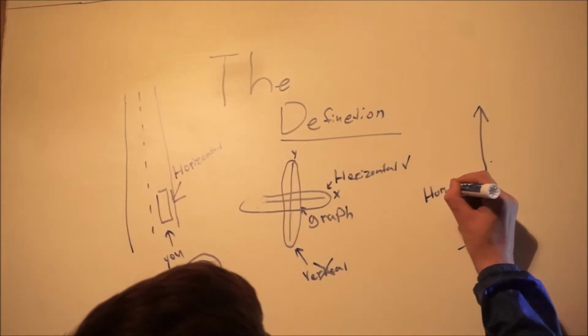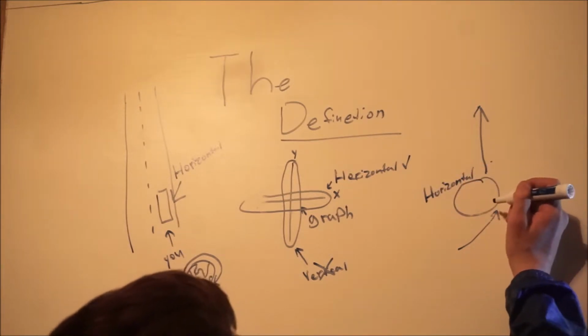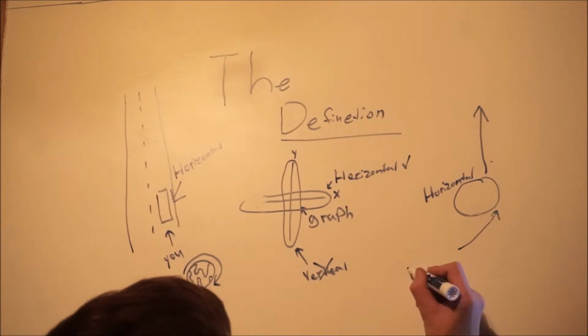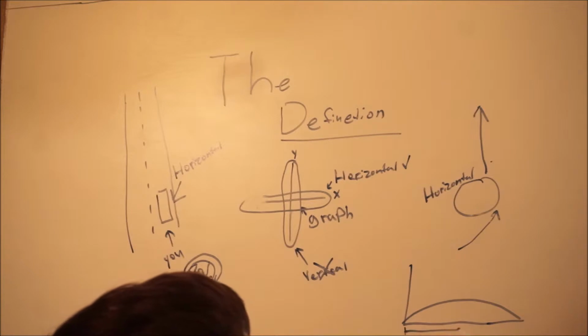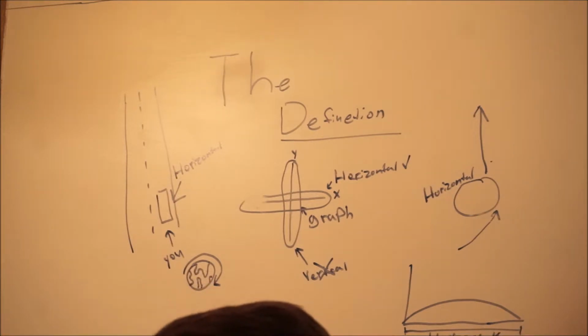The ball is going horizontal, well, flat, but it is also going a little bit up. But we only want to see the horizontal part. The part that is just straight, if you look at a ball going on a graph, the straight part would be the horizontal part.